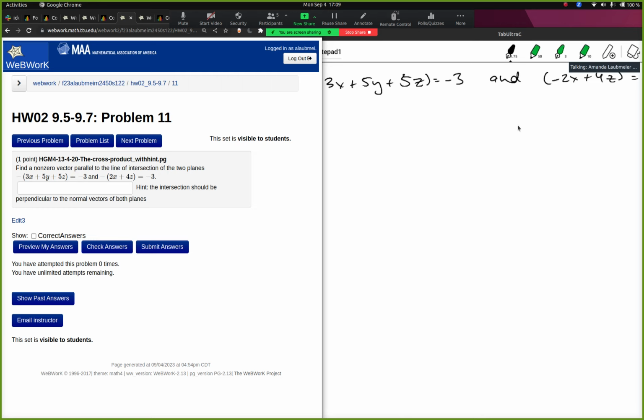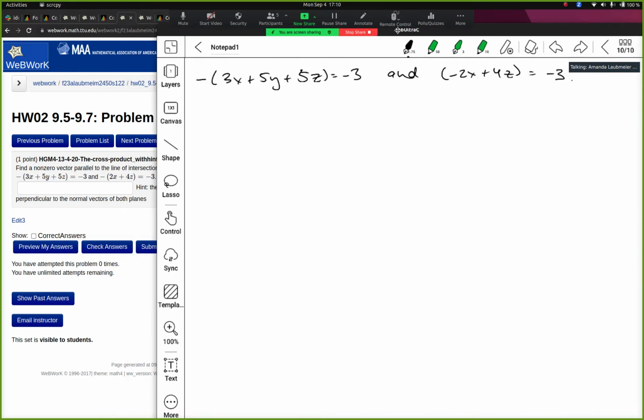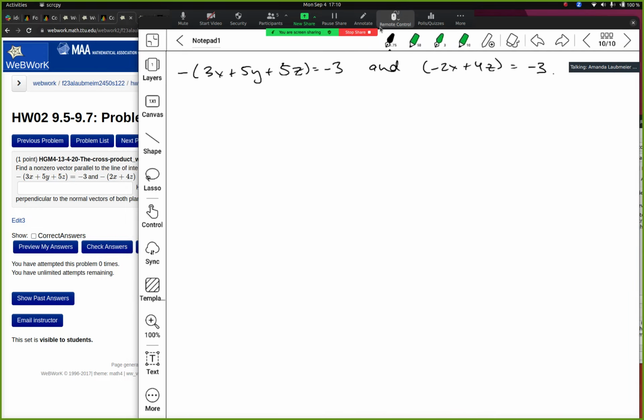And then there's a hint here. The intersection should be perpendicular to the normal vectors of both planes. We're trying to find a vector parallel to the line of intersection of the two planes. This is one that a lot of people had questions about in class, and I think it helps to have a picture, although it's a little hard for me to draw. So let's say that this is two planes intersecting each other.